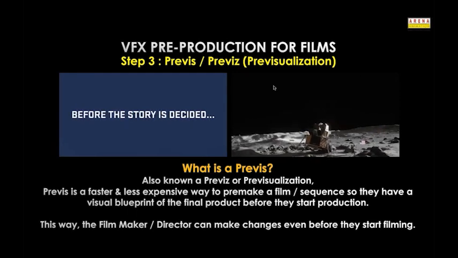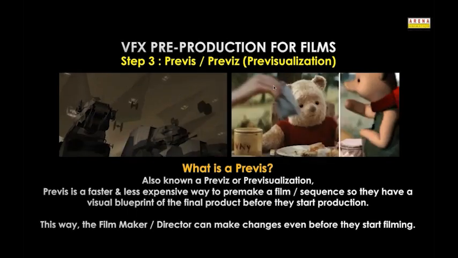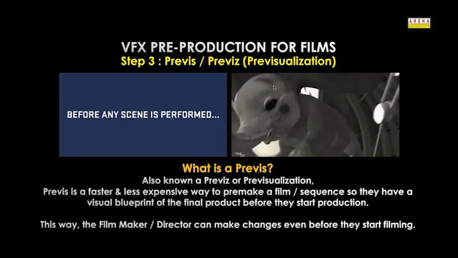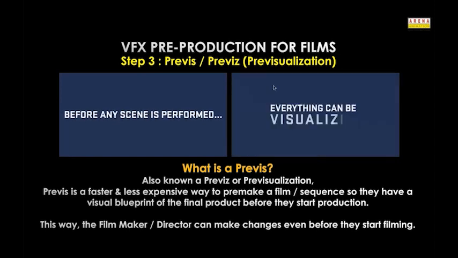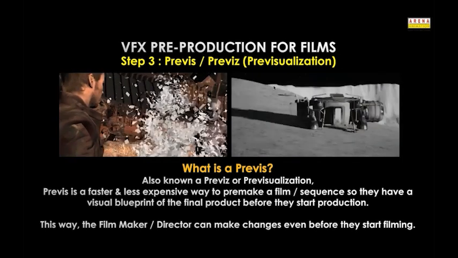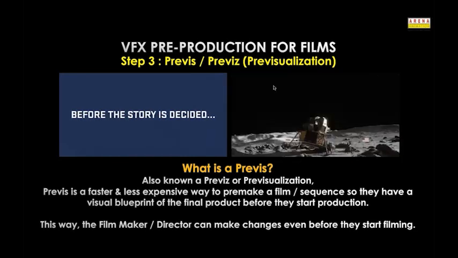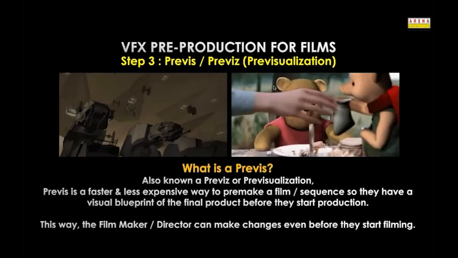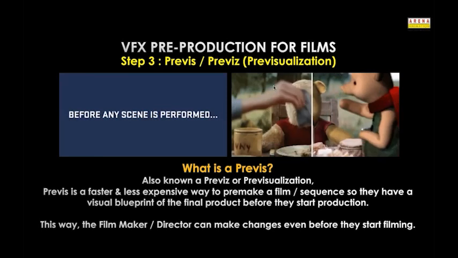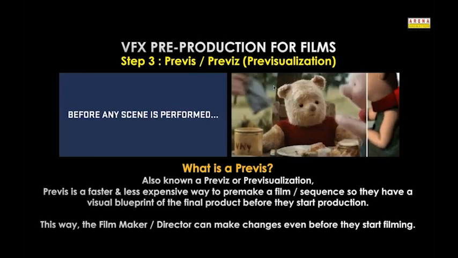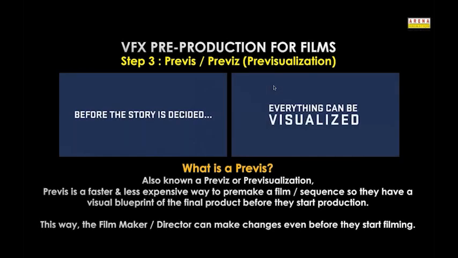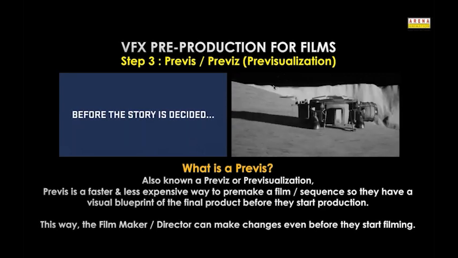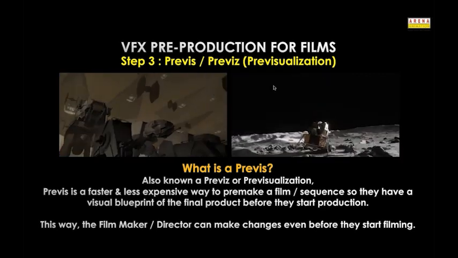This actually helps in making cost-effective production. It's a faster and less expensive way to pre-make a film or a sequence before it actually goes into production. The film director or the filmmaker can make changes before they go into shooting. That's the advantage of previz.